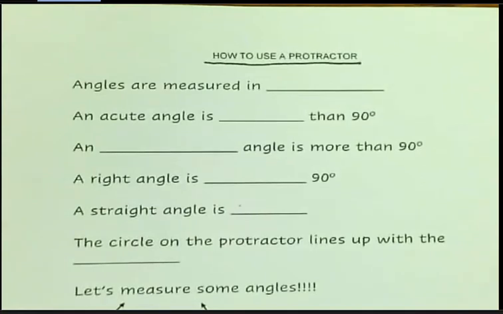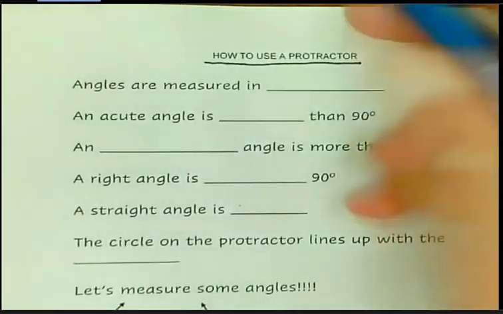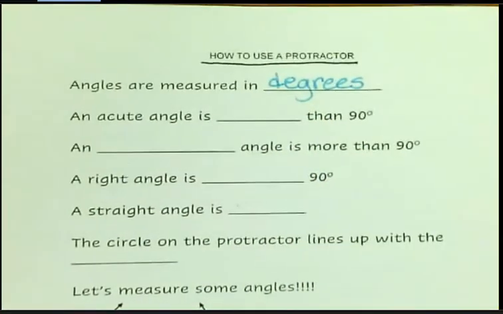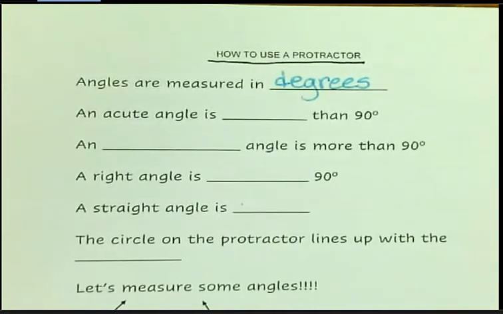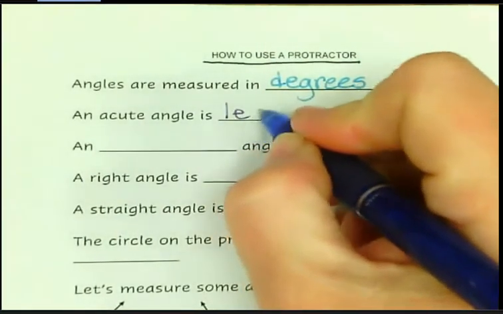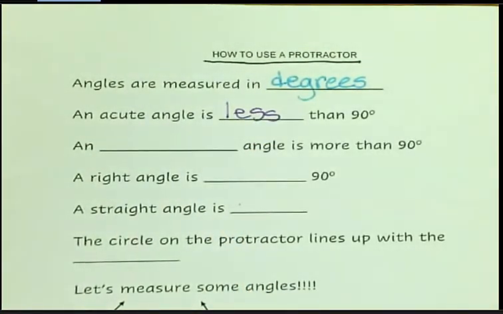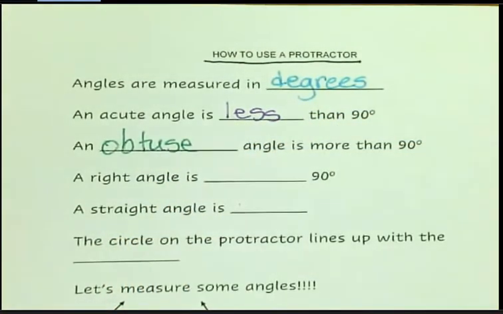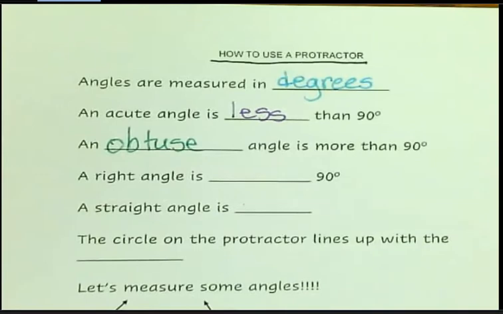All right. Angles are measured in degrees. We don't go with length or width. It's not inches or centimeters or anything like that. It's degrees. And an acute angle is, that's right, you remember, less than 90 degrees. An obtuse angle is more than 90 degrees.